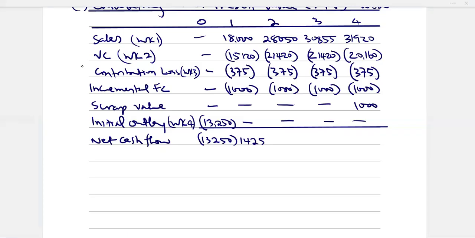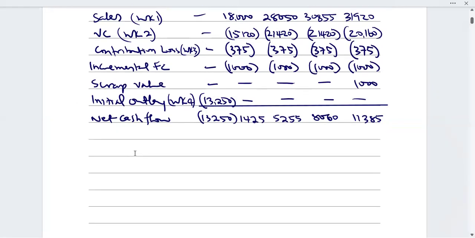Year 2, 5255. Year 3, 8060. Year 4, 11,385. Okay, so these are the net cash flows.